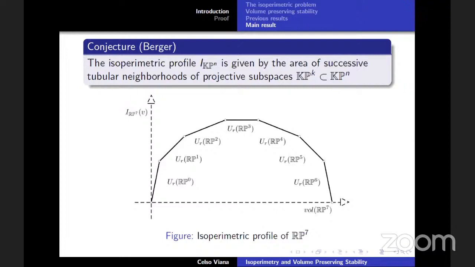So now I would like to address some ideas that we used in order to understand this problem in the real projective space, okay? As I mentioned, the previous work of Do Carmo-Ritoré-Ros for minimal surfaces was very inspirational, gave a lot of inspiration for us.